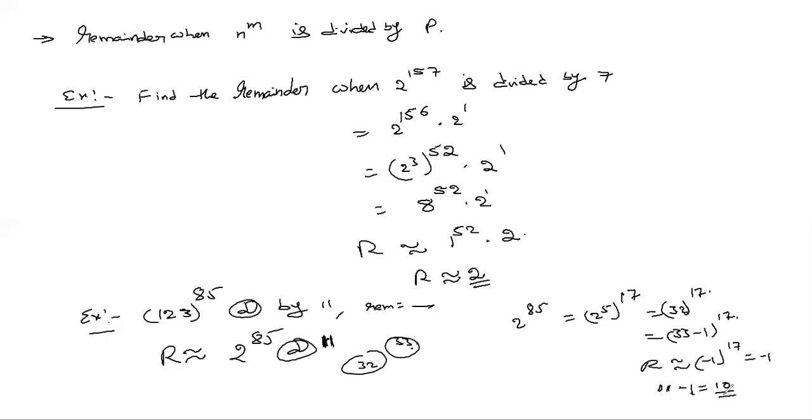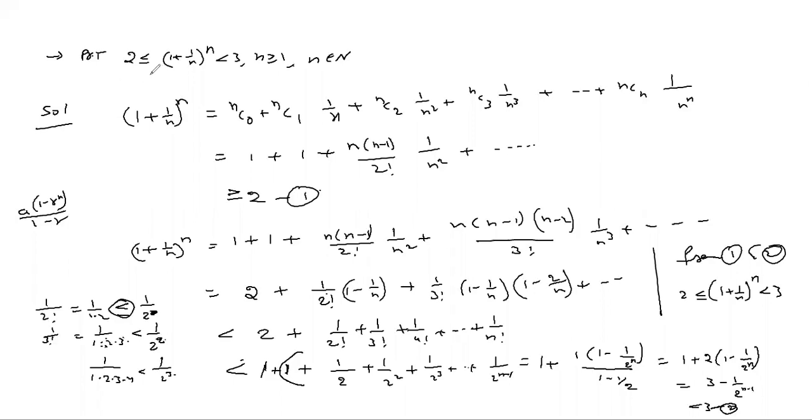The answer will be 10. Suppose the divisor is 12 and you are getting remainder as minus 3, which is impossible in divisions. So what is the actual remainder? 12 minus 3, 9. That's it. So the answer will be 10 in the division.